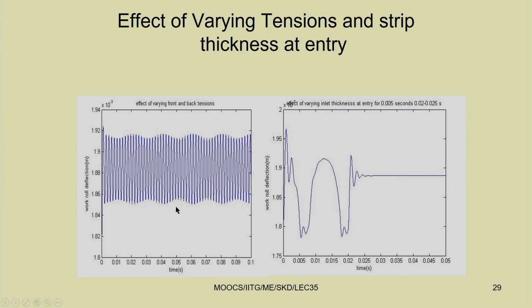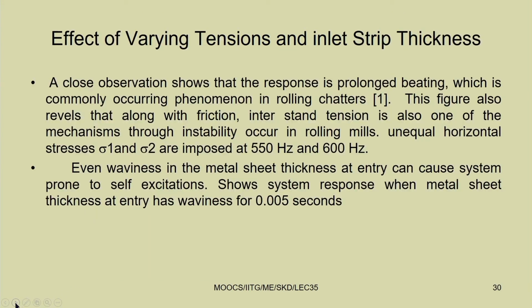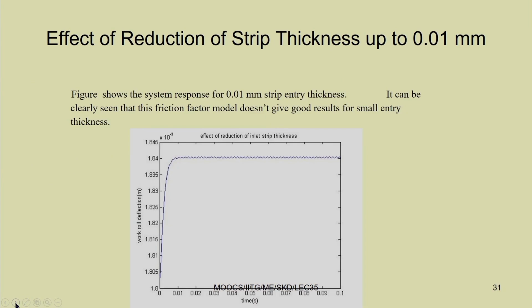In this figure some portion has been taken and plotted. You can see there are a lot of oscillations in the strip, and due to these oscillations there will be chatter mark on the tool.